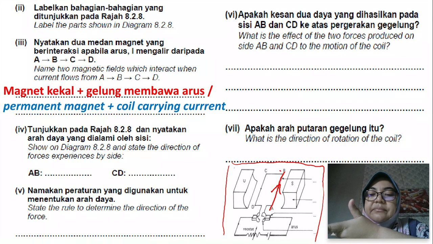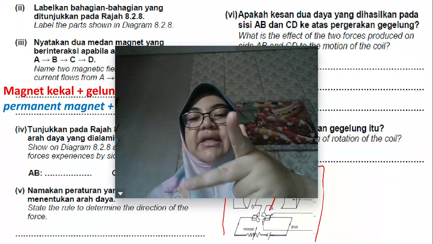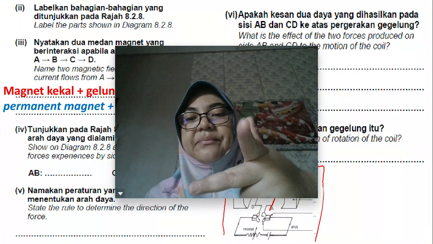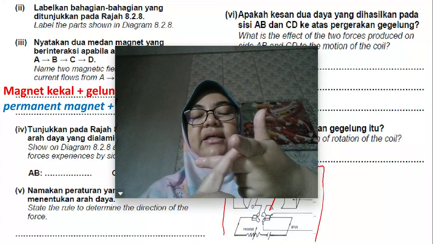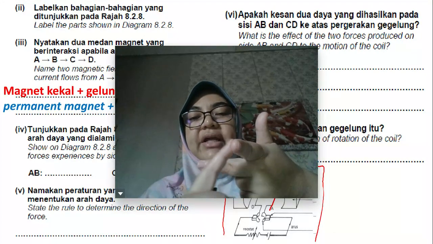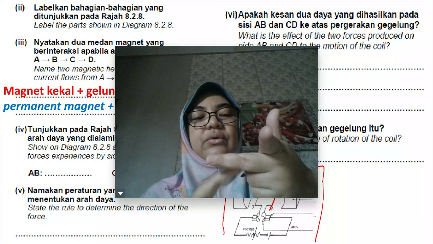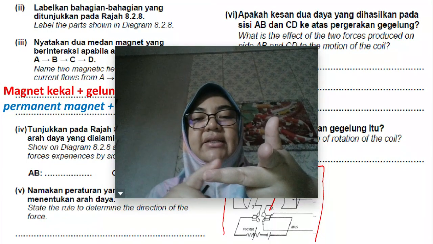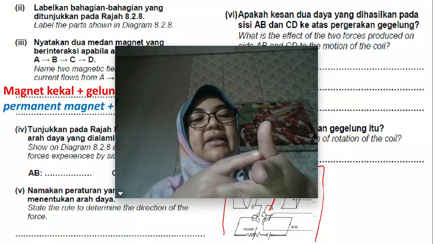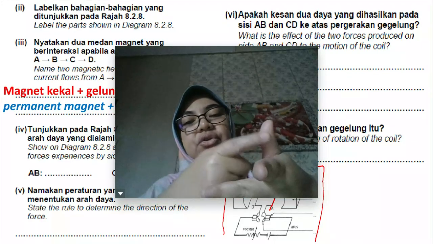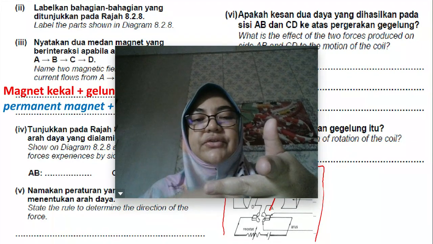Nampak? Okay, fingers tu mesti perpendicular. Okay, this is the magnetic field. Follow the magnetic field. So always point to north. And this one is the current. Follow the direction of current. And our thumb will show the force.